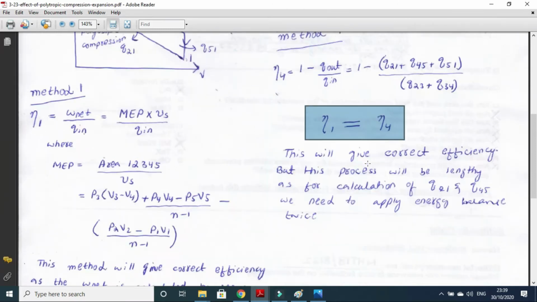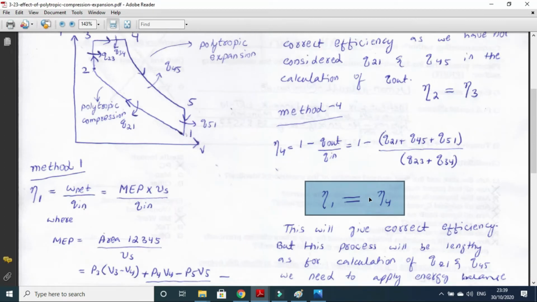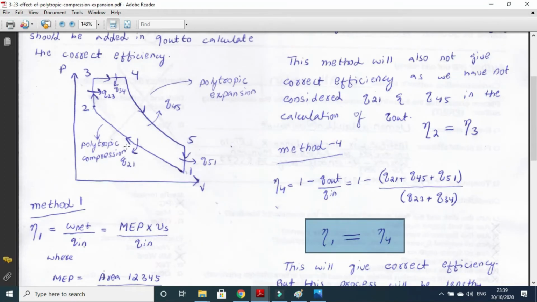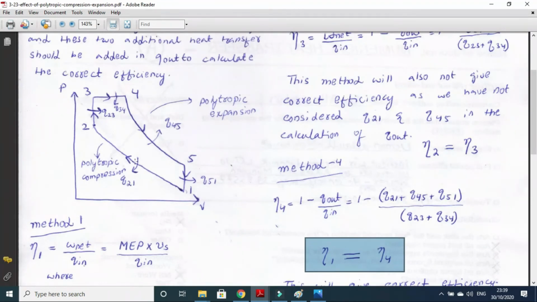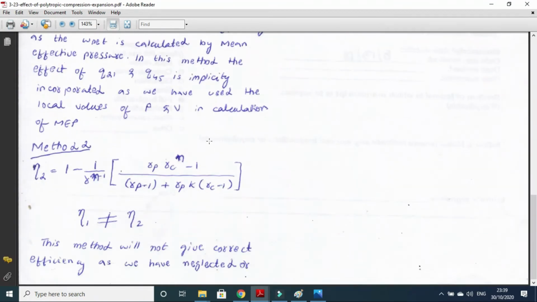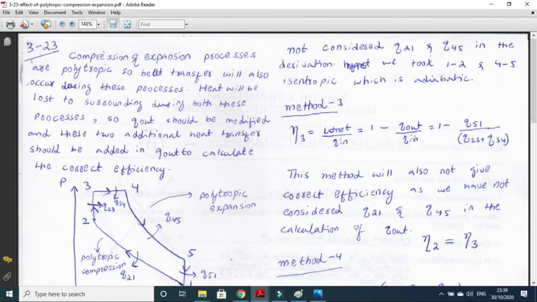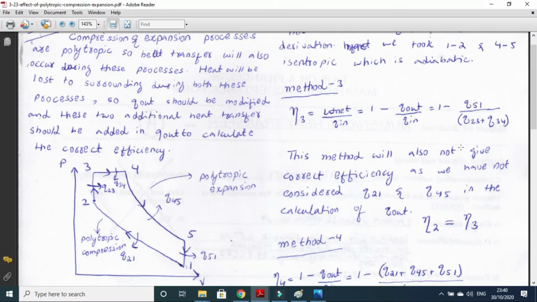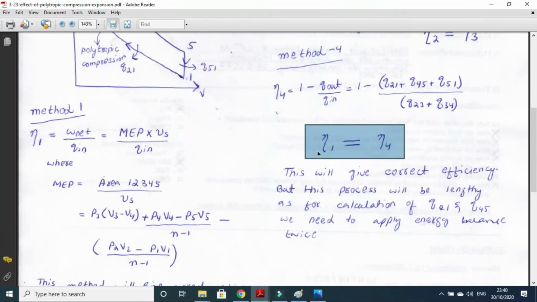So method 1 and method 4 are the correct methods to calculate the efficiency for this type of numerical, where the compression from 1 to 2 is polytropic compression and expansion is polytropic expansion. If you use this formula for polytropic compression and expansion, it is wrong. And if you use this formula where you only considered Q out here, then this will also be wrong. Now, what about method 1 and method 2?